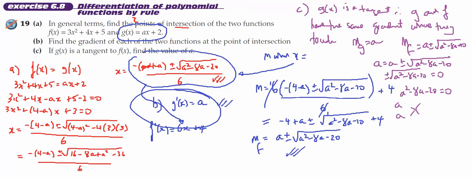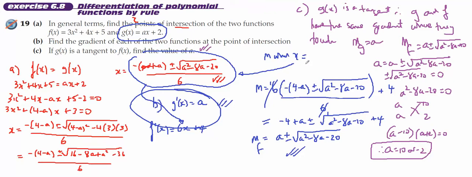Factorising, a minus 10 and a plus 2 equals 0. Therefore a equals 10 or negative 2 will be the values of a that make it a tangent.